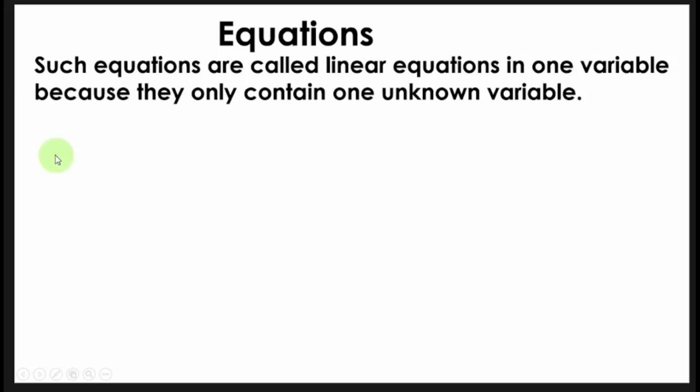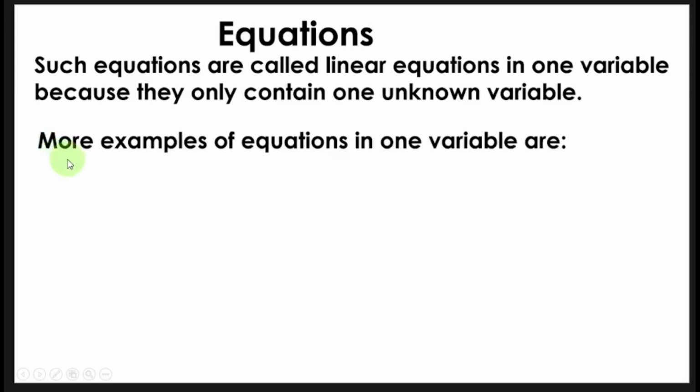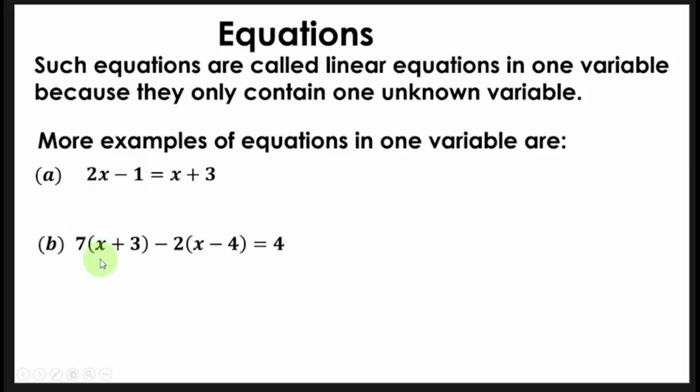So we have these examples here where we are saying more examples of equations in one variable are, we have this one, 2x minus 1 is equal to x plus 3. Then we have 7(x + 3) minus 2(x minus 4) is equal to 4. Then we have also 3 over 2x minus 1 over x is equal to 1 over 4.